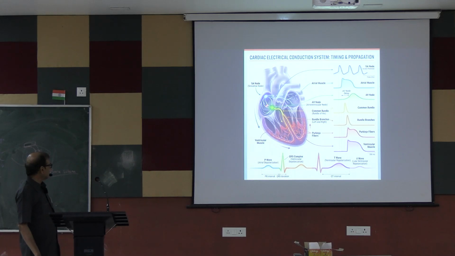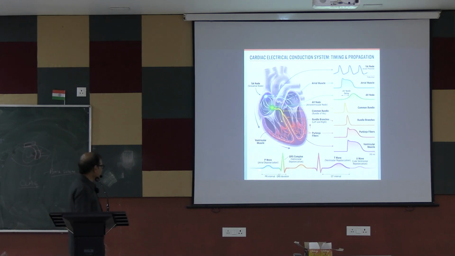SA node, atrial activation, right atrium, left atrium. This is the action potential of the atrial SA node. This is the atrial muscle action potential. The relationship: the P wave is the atrial depolarization. This is the P wave.